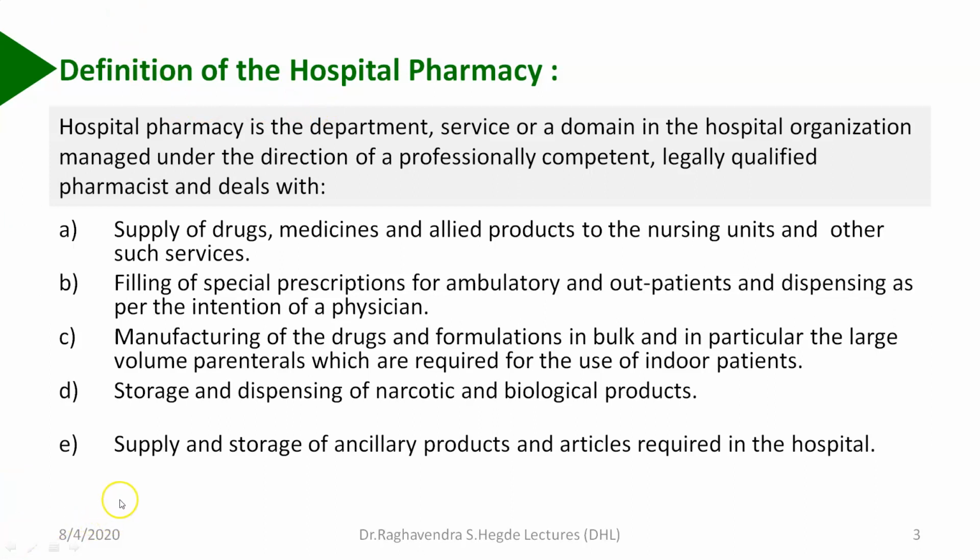Now here, some of the words are very new to us, so let us understand those words. Coming here, filling of special prescriptions for ambulatory. You can remember ambulatory from ambulation, which is moving always, isn't it? So ambulatory care is nothing but outpatient care.